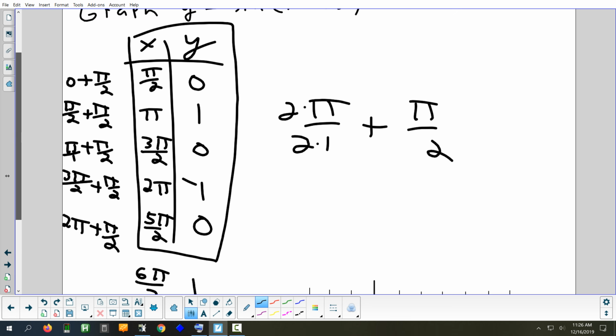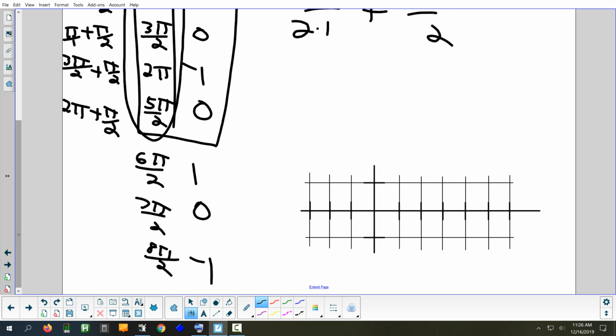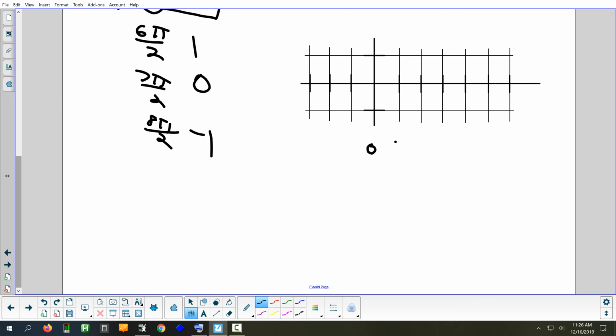So you can use these numbers to label your x-axis. Let's put 0, pi over 2, pi, 3 pi over 2, 2 pi, 5 pi over 2. Perfect. If you want to know what they are in degrees, that's 0, 90, 180, 270, 360, 450. It's plus 90 each time.